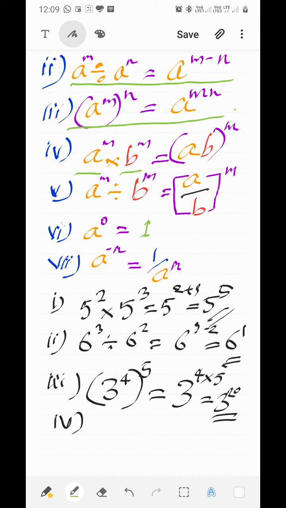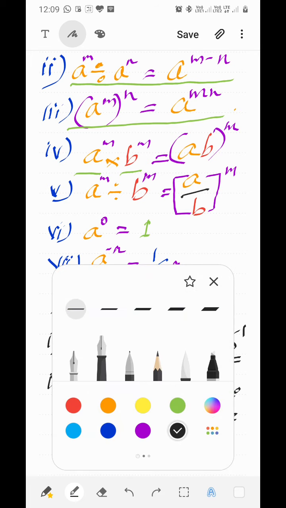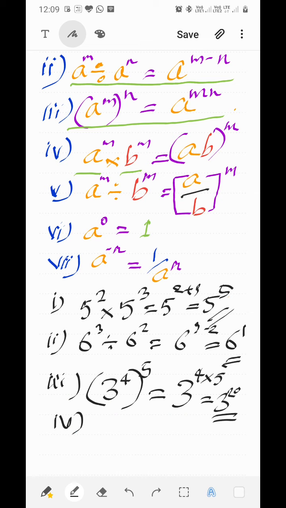So as an example, we take 2 cube and 3 raised to 3. Yes, here look at this.